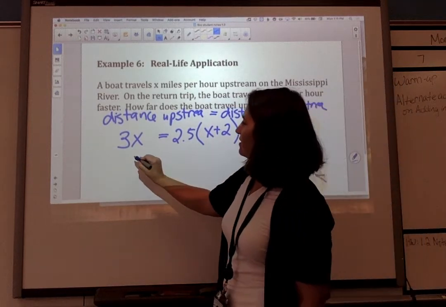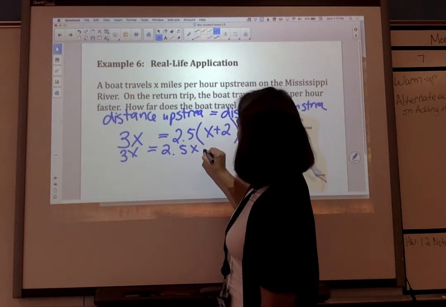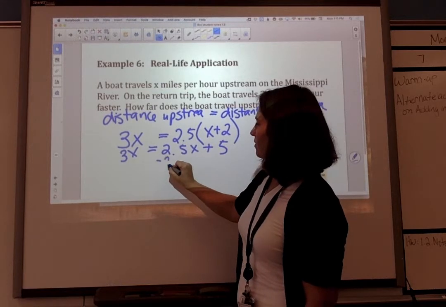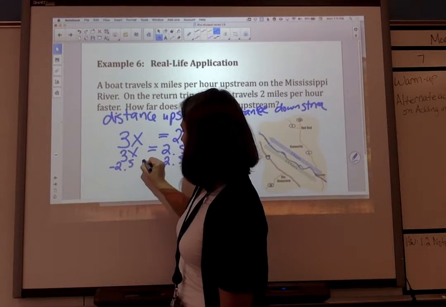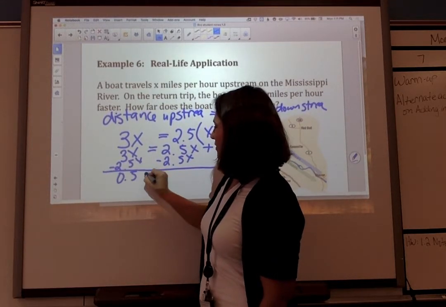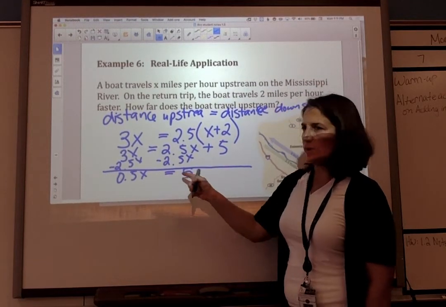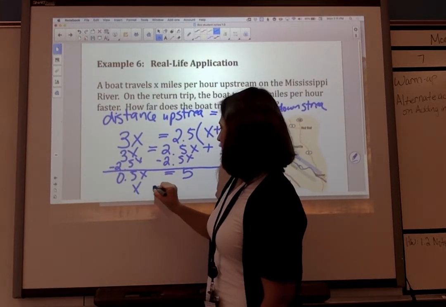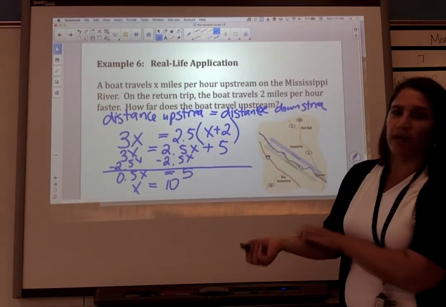Now we can simplify and say 3x equals 2.5x plus 2.5 times 2 is 5. We'll subtract 2.5x from both sides. And we get 0.5x equals 5. Kind of ran out of space here, but divide by 0.5 on both sides. And we get x equals 10, which is miles per hour.